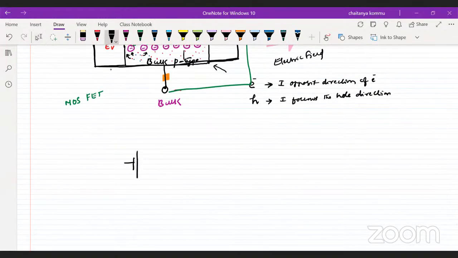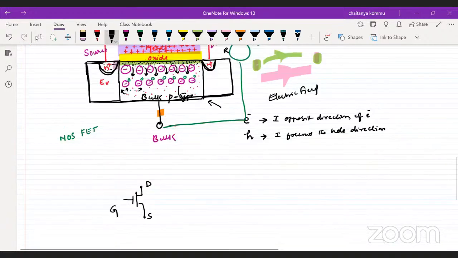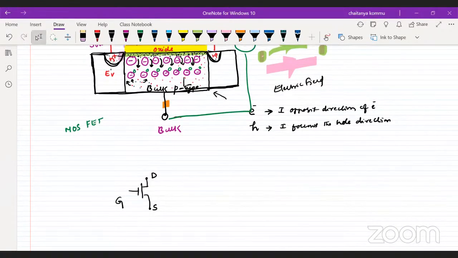This is a small line and a large line, and we take one terminal here. So this is called a gate. This is called source, for example. This is called a drain, right? Source and drain are the same material, same sizes. There is no difference between the source and drain, unless otherwise by what potential we are applying.